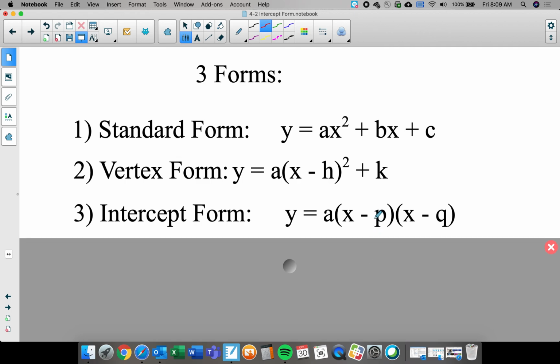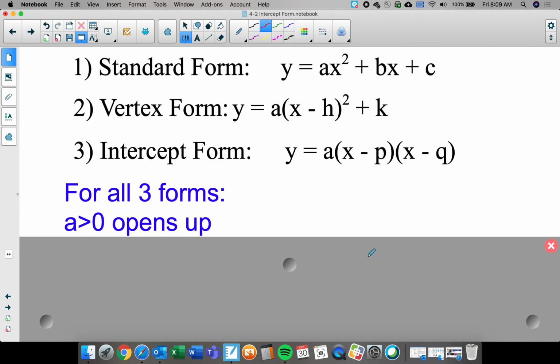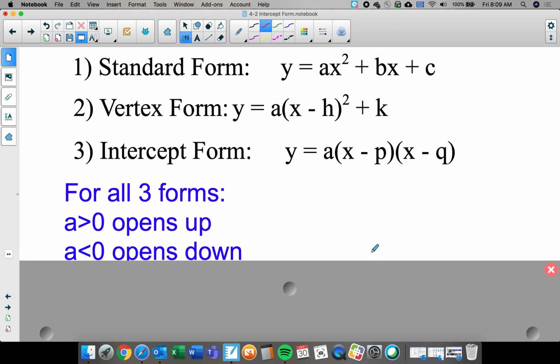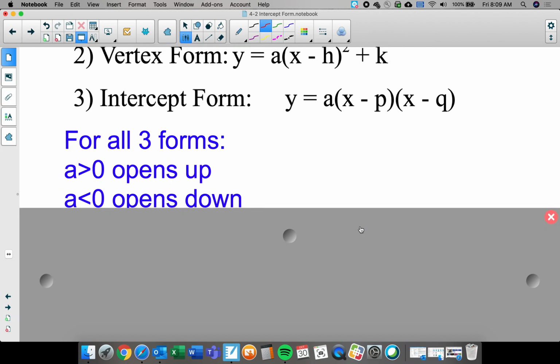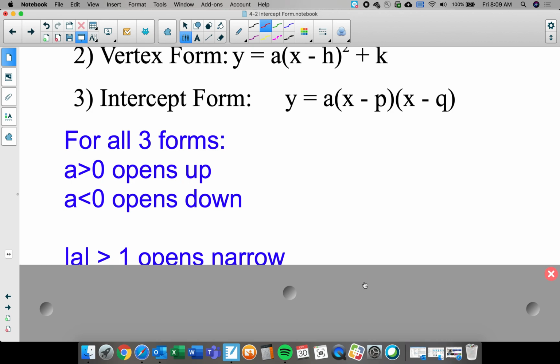And then intercept form, where I've got the x-intercepts in factored form that I can find, which then will help me find the vertex and then still the a value. So in intercept form, notice we're coming up with 5 important points rather than just 3, which is kind of nice. For all 3 of these forms, a tells you whether or not, if a is positive, it opens up. If a is negative, the parabola is opening down.